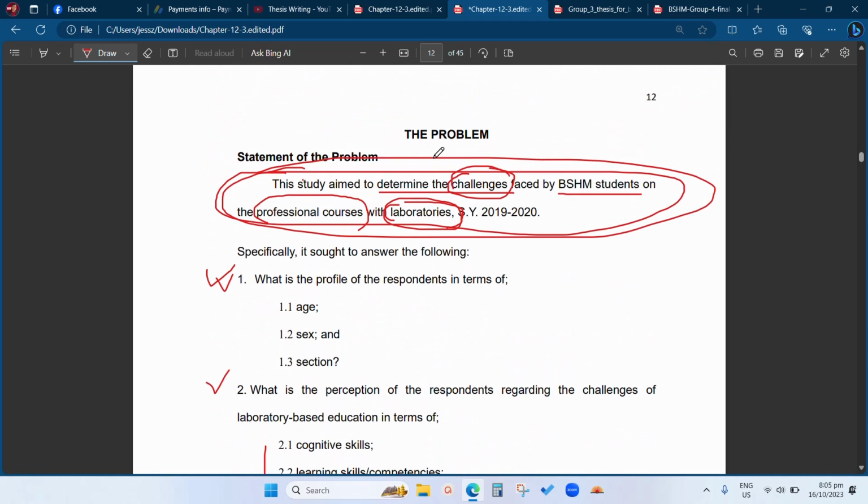Again, let's go back to the main problem: the study aimed to determine the challenges faced by the BSHM students on the professional courses with laboratories.